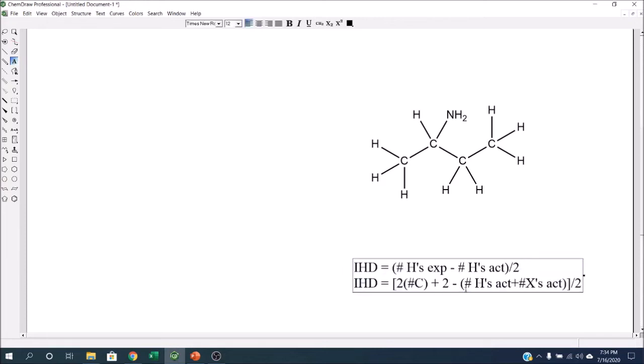If we update the full equation right here, then on the hydrogens expected side, we're going to add in any number of nitrogens that we have. If you have a nitrogen in the compound, it ends up recruiting an additional hydrogen to the compound. And that's actually the basis of why nitrogens produce odd values for molar mass.